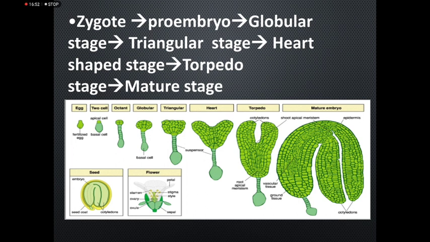Here the egg, then two cell, then octant, then globular, triangular, heart, torpedo, mature embryo. That means from the zygote, repeated divisions take place, and finally the mature stage is attained.